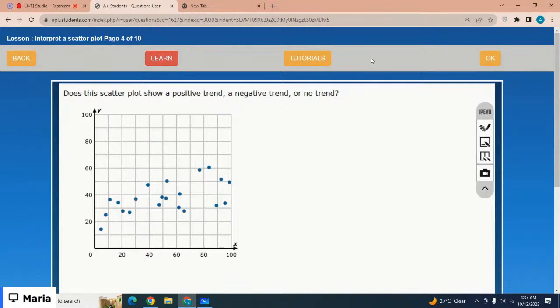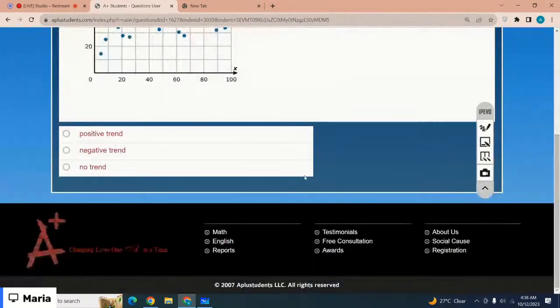Does this scatter plot show a positive trend, a negative trend, or no trend? That shows positive trend. The correct option is positive trend.